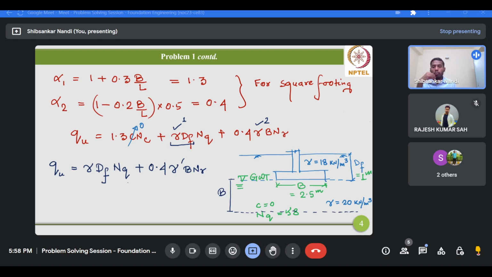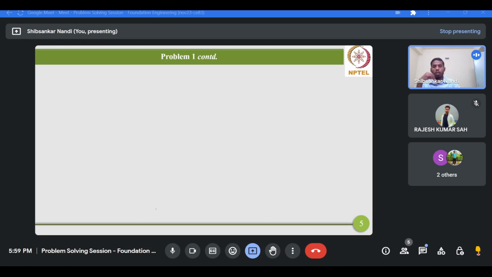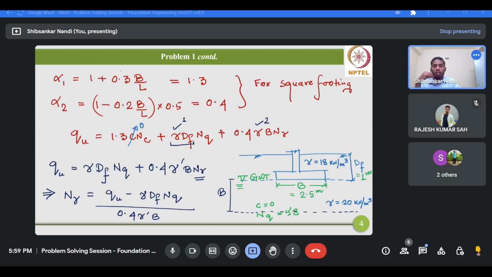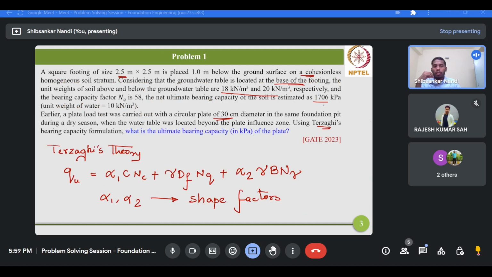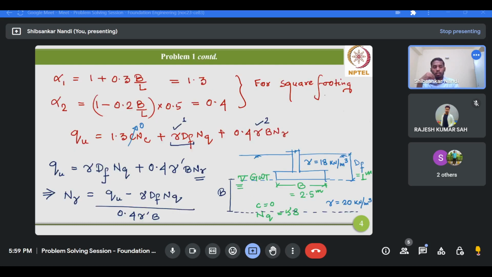Now please see very carefully that in this expression all the entities are known to you except the N gamma factor. Therefore we can easily determine N gamma from this equation. It will be qu minus gamma Df Nq divided by 0.4 gamma prime B. Now we'll substitute the values. qu is given as 1706.